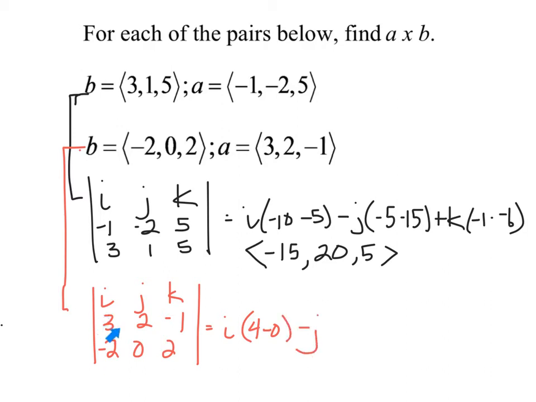J will be 6 minus 2. Then zero minus -4. So I've got 4, -4, and 4. And again, I is 4. Here is 4, but we have this negative out front that's applied. And here it's 4. So there's our cross product.